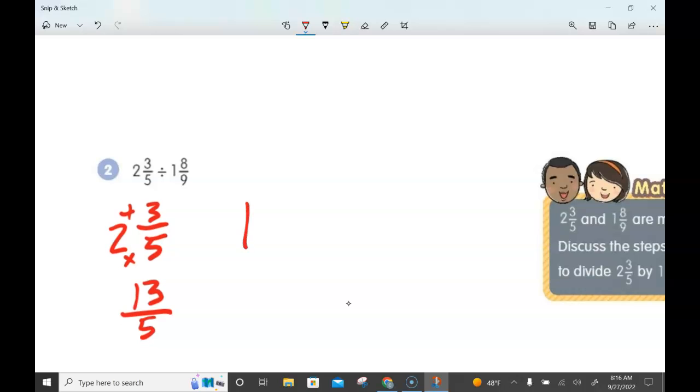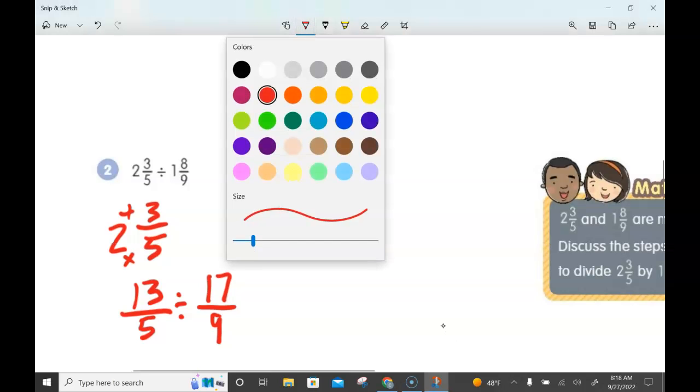Now 1 8/9. Multiply the 1 times 9 and then add the numerator. 1 times 9 is 9, plus 8 is 17, and then we keep the 9 the same. Now you can see we have our division problem, 13 fifths divided by 17 ninths. Once again, we need to keep, change, flip.